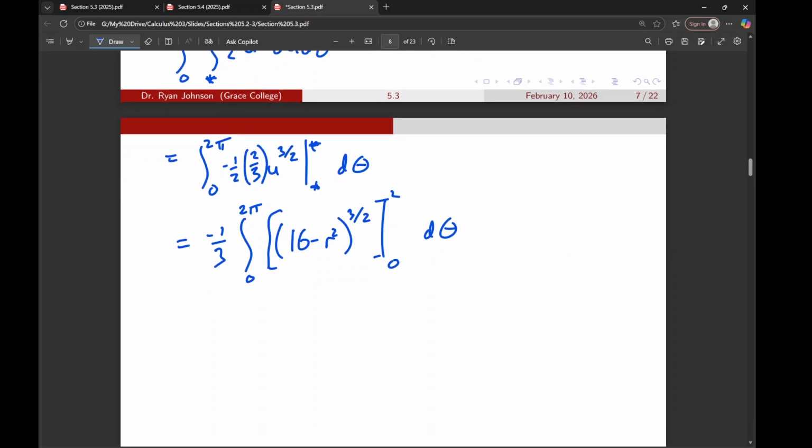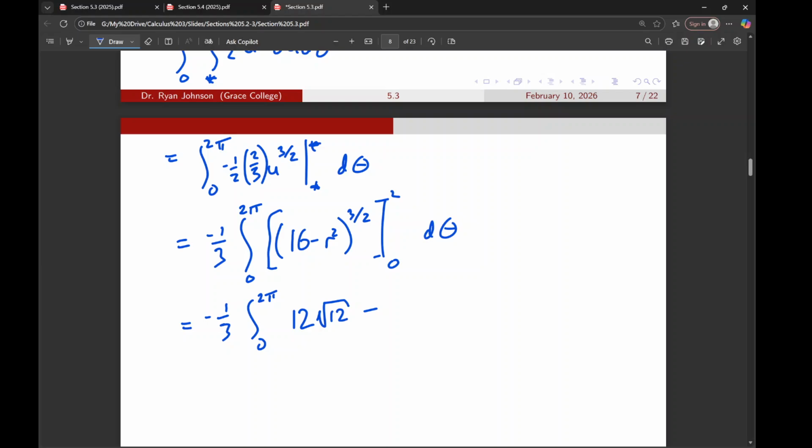All right, then we've got the negative 1/3, integral from 0 to 2 pi, of plugging in the 2: 16 minus 4 is 12, so 12 to the 3/2 power, another way to write that is 12 times the square root of 12, minus plugging in 0.